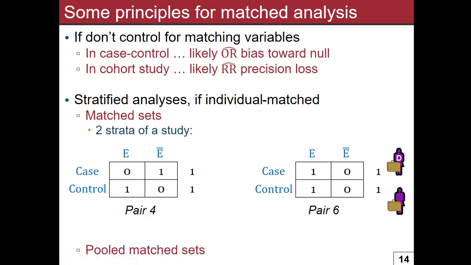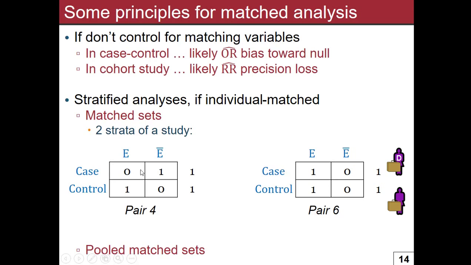This is helpful because you might say, well, why didn't I enroll them together to start with? Why did I put them together afterwards? Putting them together afterwards, a table of 4 is going to give you a better analysis than a table of 2. In a prospective study, you're recruiting controls as you get cases. So what if 2 months went by between when you enrolled pair 4 and pair 6?